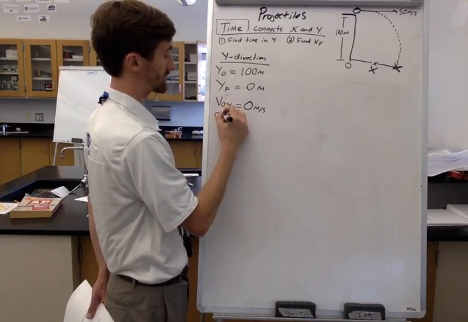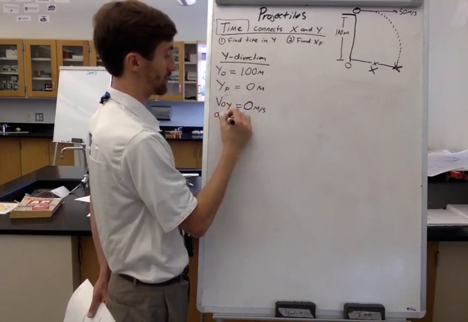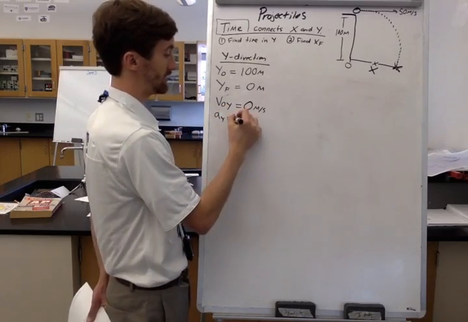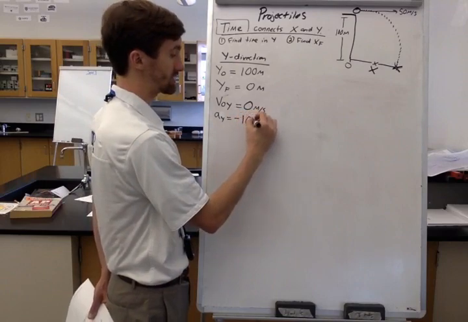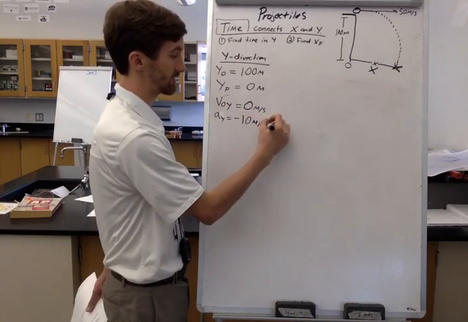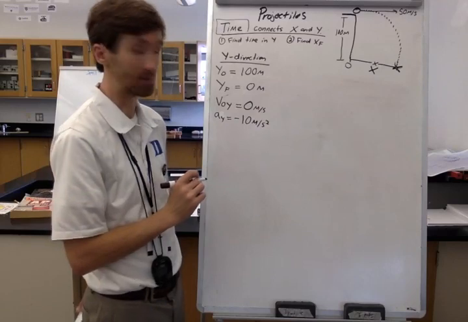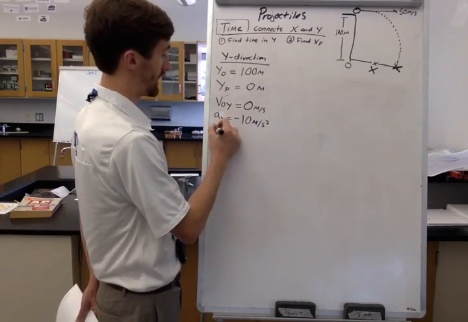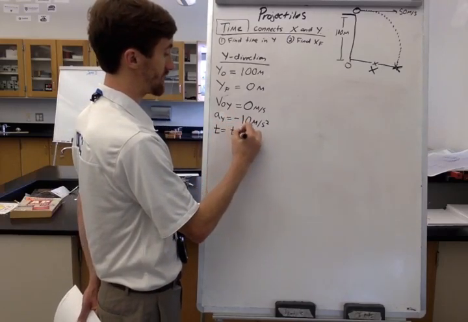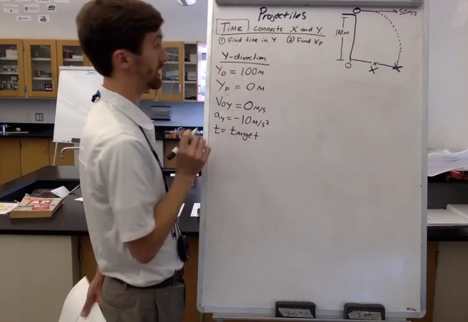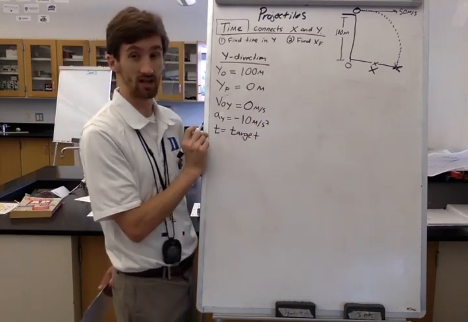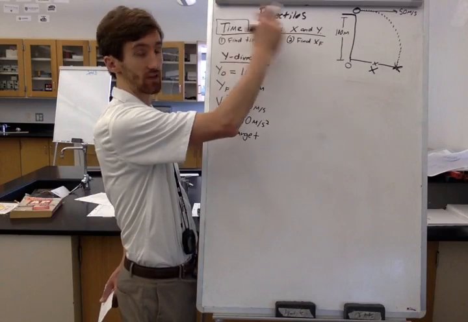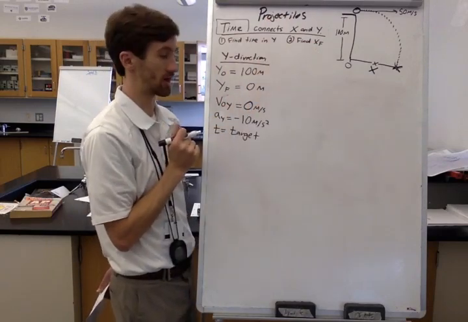And then I know that my acceleration in the y direction is negative 9.8, or the AP test lets us use negative 10 meters per second squared. What I'm trying to do is find the time. Time is my target, so that I can then take that time and link them together and solve in the x direction.